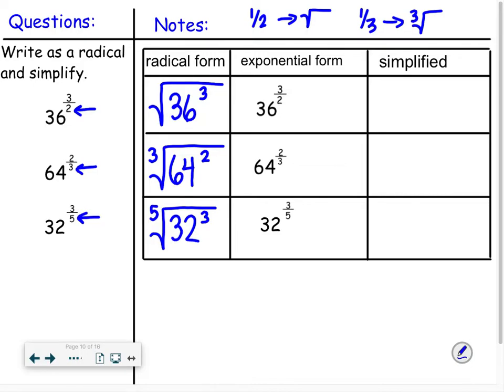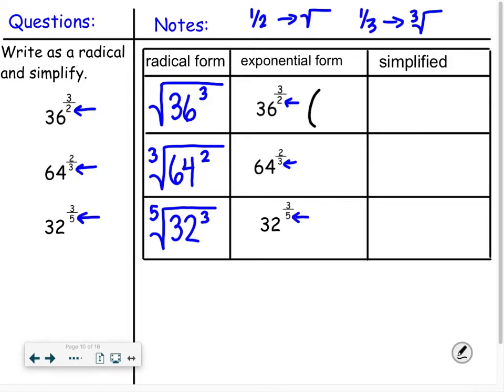Now, the tricky part is I'm going to teach you how to simplify these without a calculator. We're going to stay focused on the bottom number in each of these fractions. And what we're going to do is change the number 36 into a power of 2.